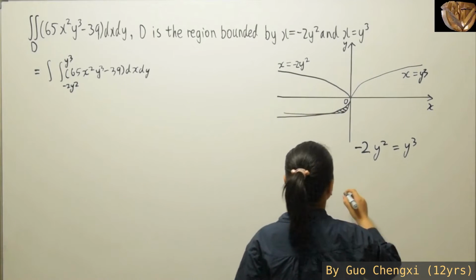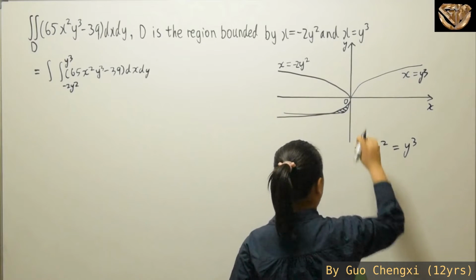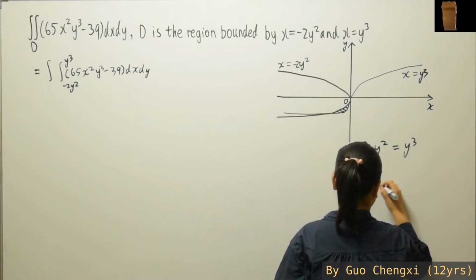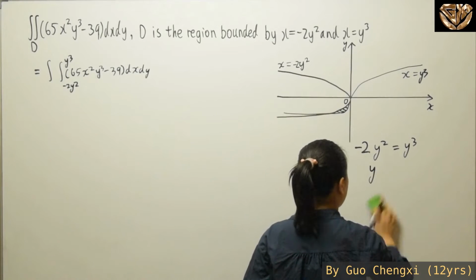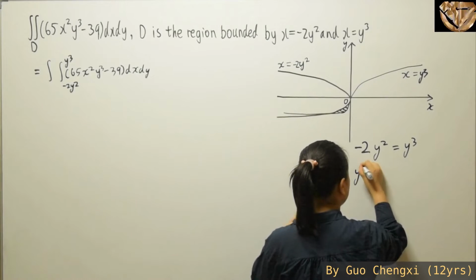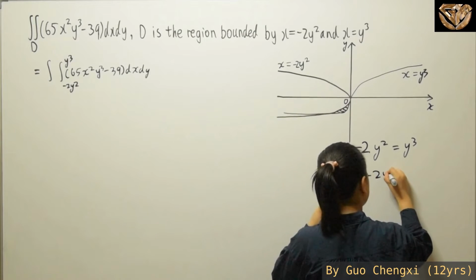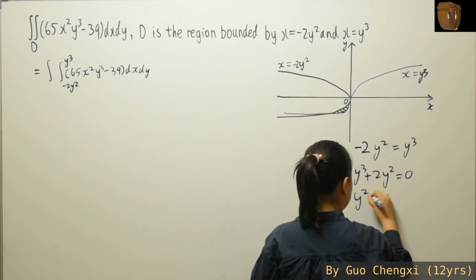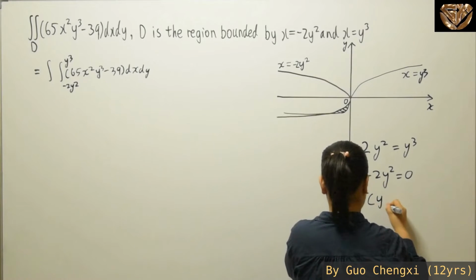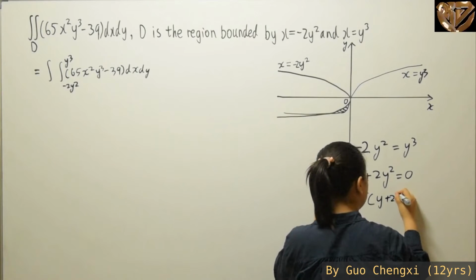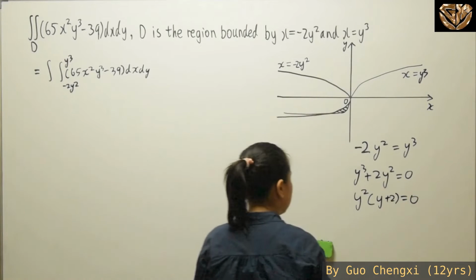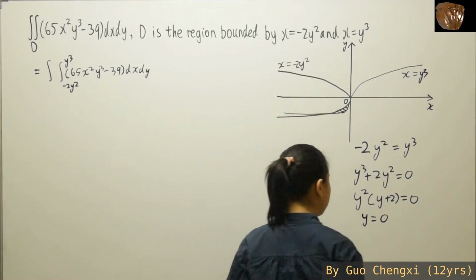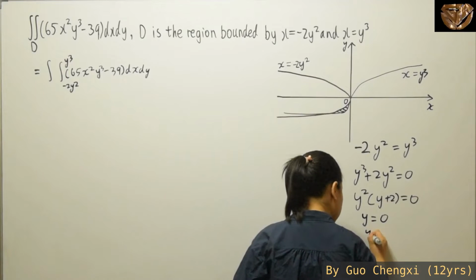So y cubed plus 2y squared equals 0, and thus y squared times (y plus 2) equals 0.